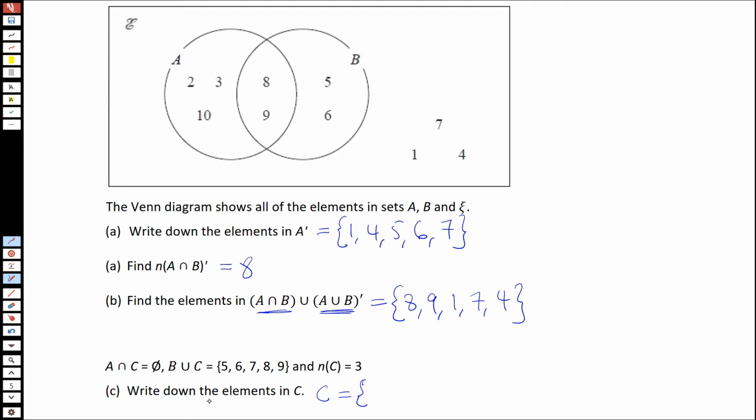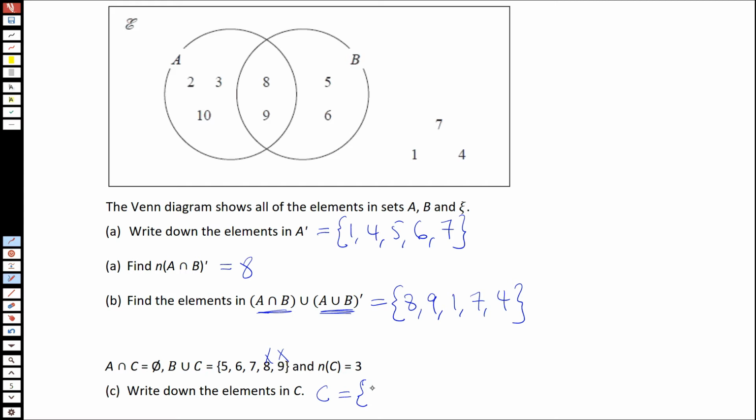So just by inspection, we can see that, let's start with this condition. A and C have nothing in common, which implies that 8 is in A, 9 is in A. These two cannot be in C. Otherwise, A and C will have something in common.